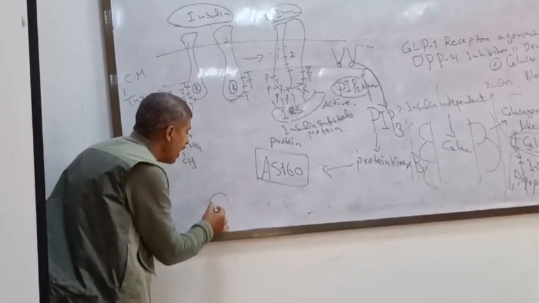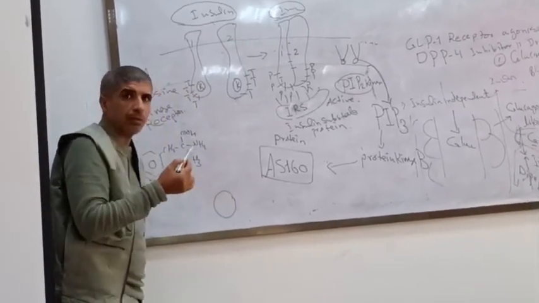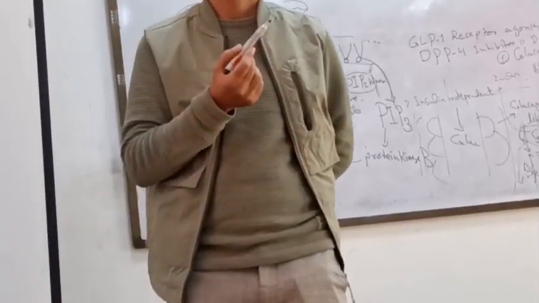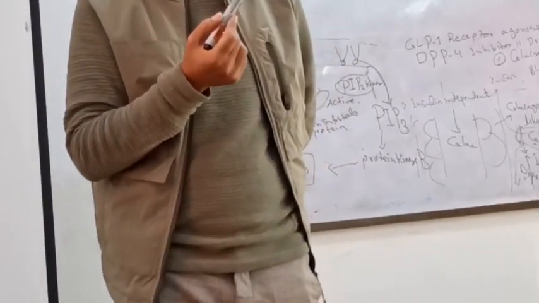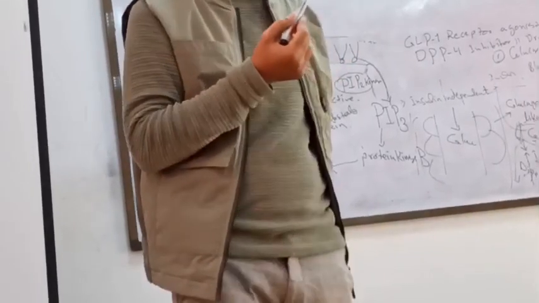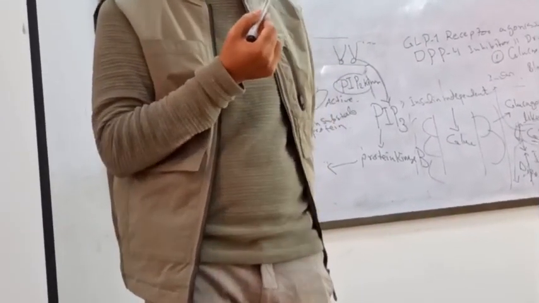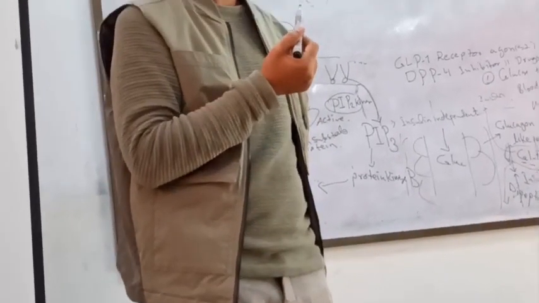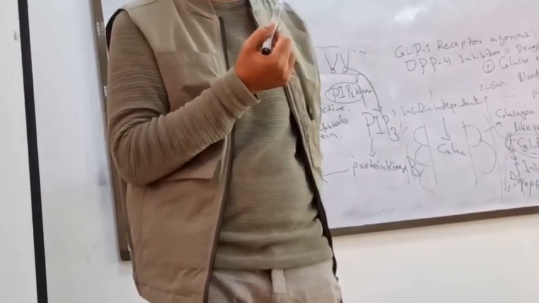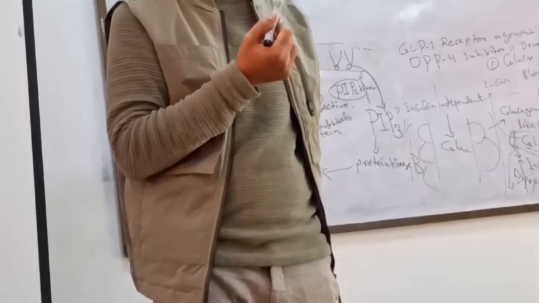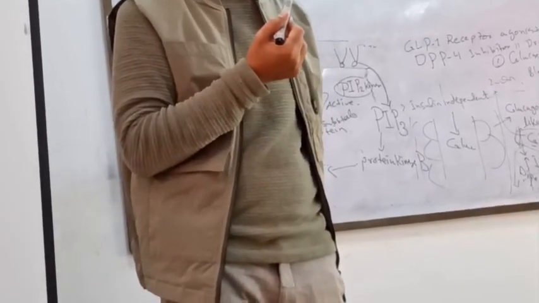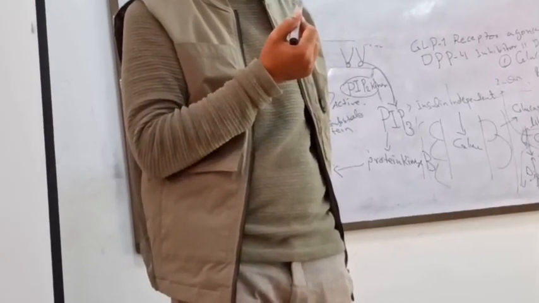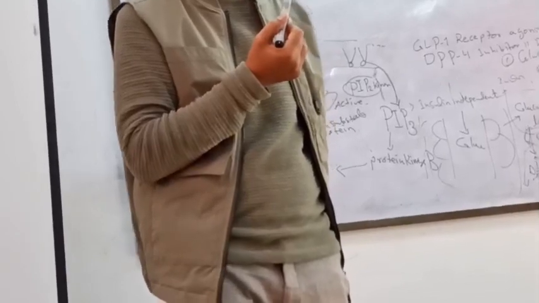Okay, we have G proteins. There are integral G protein receptors in the cell membrane, and there are soluble G proteins in the cytoplasm. Two classes of G proteins: trimeric G proteins and monomeric G proteins. The monomeric G protein is located in the cytoplasm, soluble.